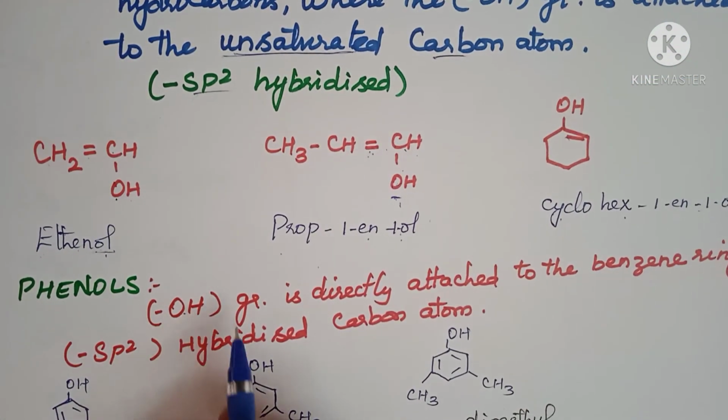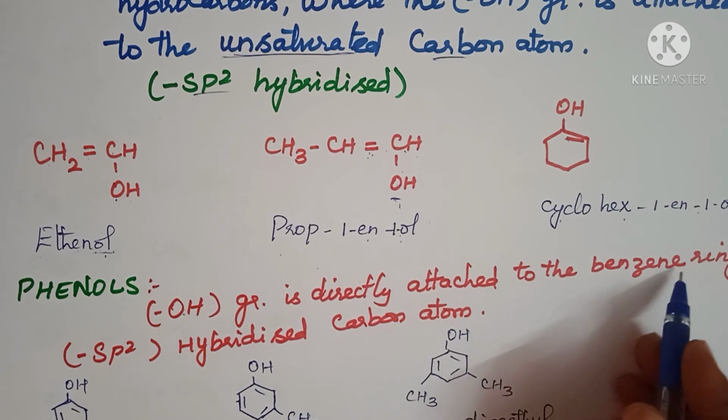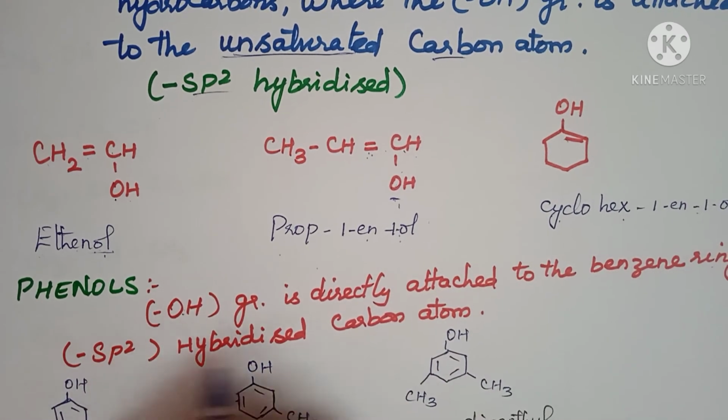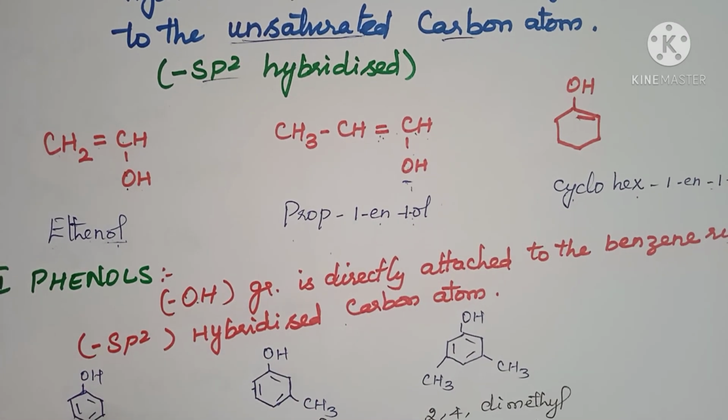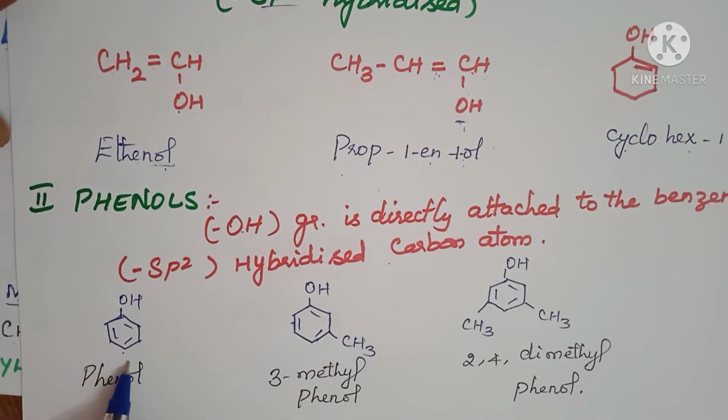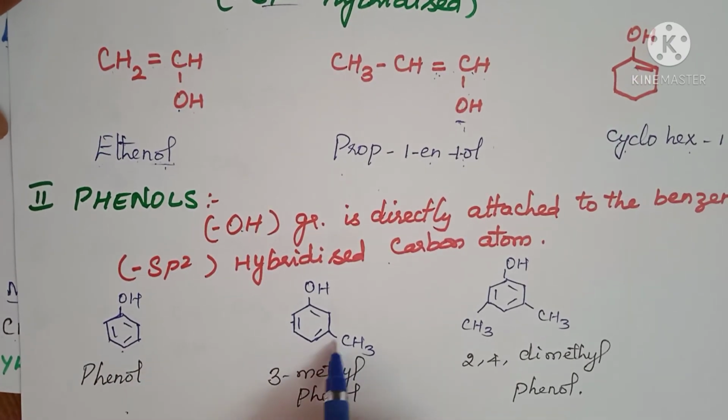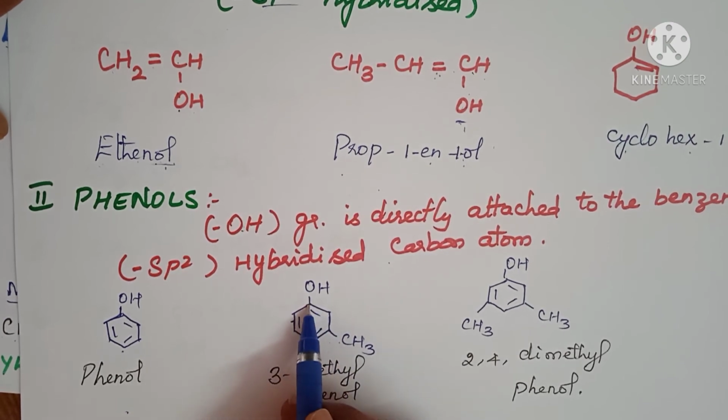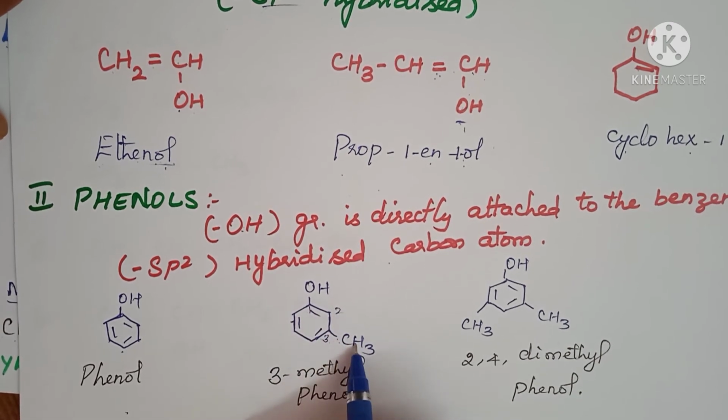Okay, next one, phenol. Phenol is also the same thing. The OH group is directly attached to the benzene ring. So it is sp2 hybridization. So this is phenol, C6H5OH. And here, see, aliphatic CH3 is attached. See, here the functional group is 1, 2, 3. In that third place, a methyl group is attached. So 3-methyl phenol.